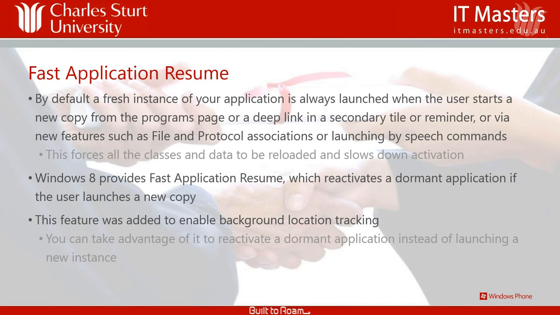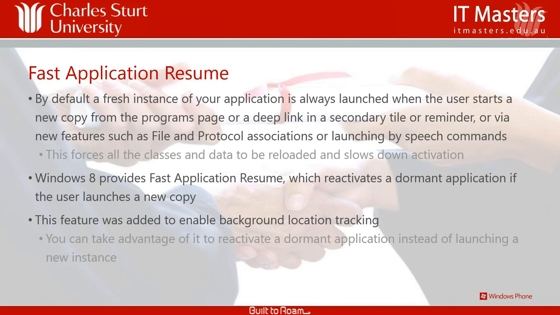The thing to watch here is that when your application gets resumed as part of this Fast Application Resume, it's going to come back to whatever page the user was last on, and then navigate off to the page that it needs to be launched. So, for example, the user might have gone page 1, page 2, page 3 in your application.